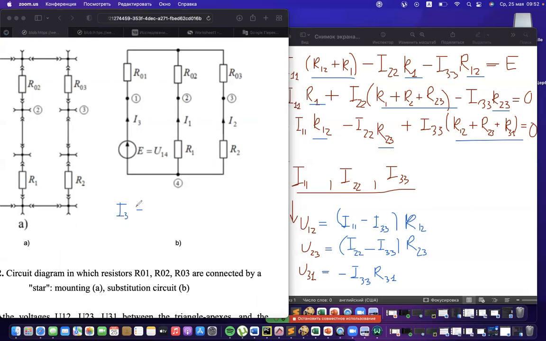The current I3 could be found as the electromotive force divided by the total resistivity, and the total resistivity is R01 plus the parallel connection of your elements: the parallel connection of R1 plus R02 and R03 plus R2, adding all these numbers together.